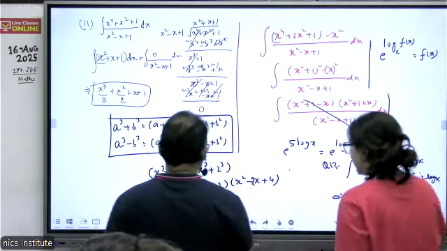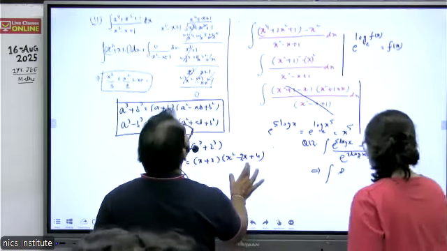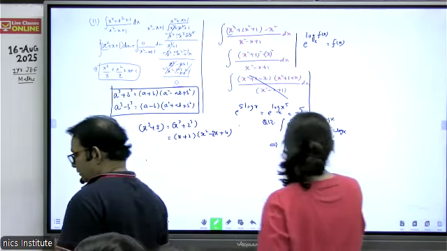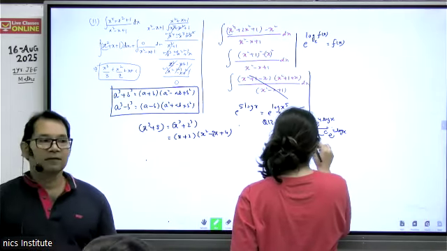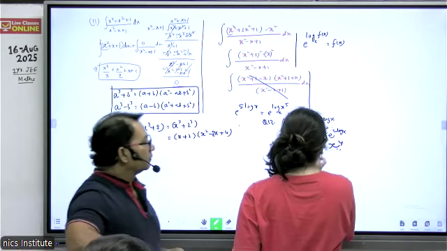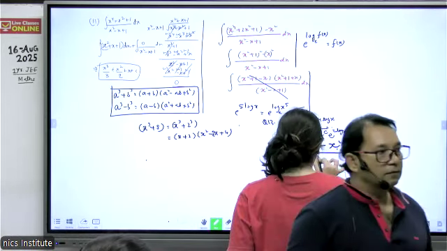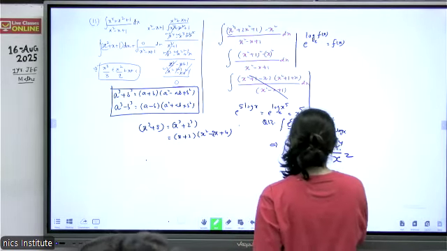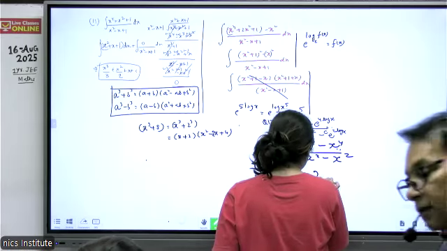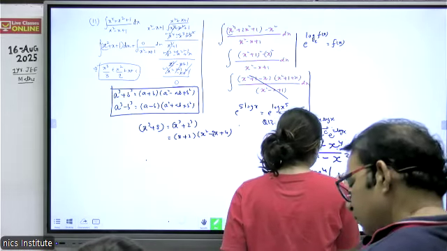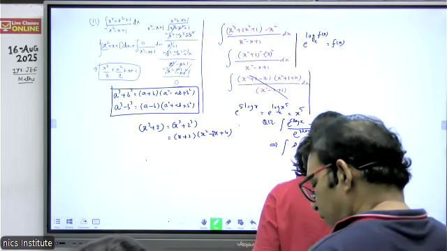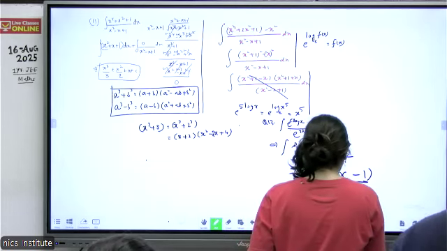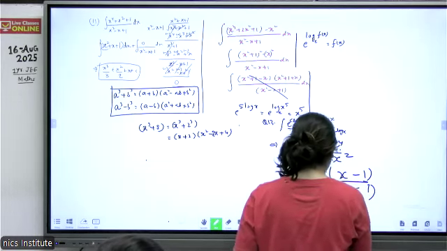किरण, रुको. Now you write. Yeah, now this is fine. समझ में आ गया ना आपको? X minus 1 will cancel. X square will also cancel. Dx लिखो.